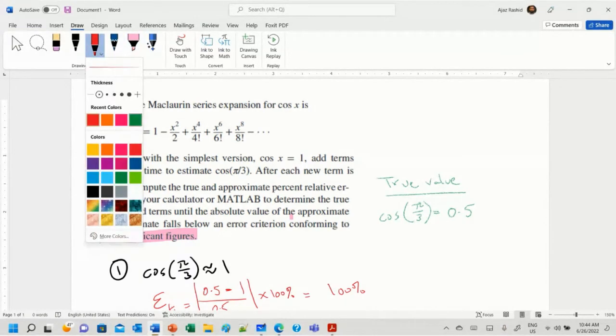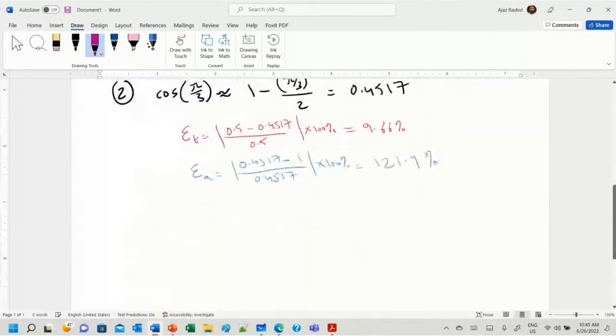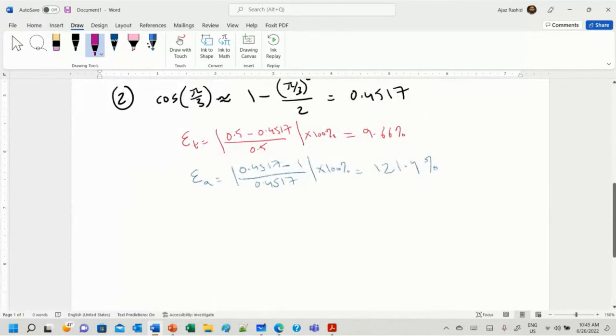So using this, we can find our stopping criteria as 0.5 into 10 to the power 2 minus n, which is 2, so that is 0.5%. So we have to stop when the approximate error goes below 0.5%. Of course, currently it is 121%. So we have a long way to go.